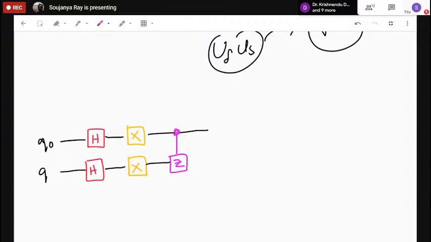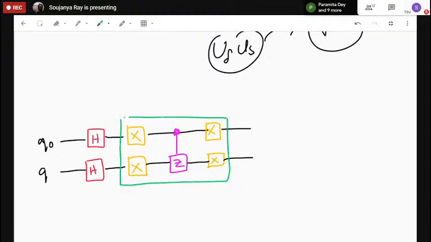And then again, there's a bunch of X gates. And this finishes your first UF oracle. So, okay, if I circle it, this part is the UF oracle, and then you need to design the US oracle.